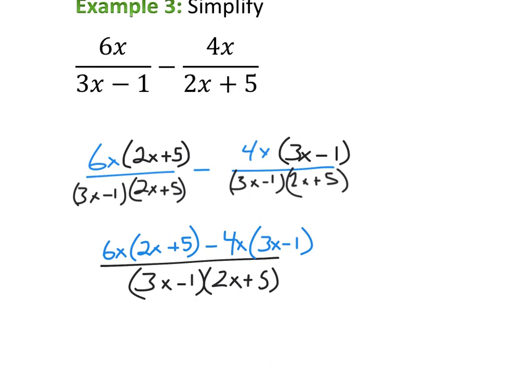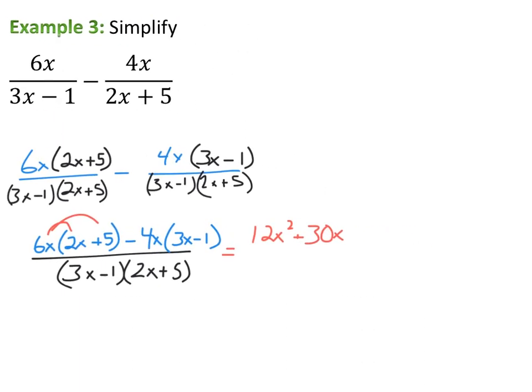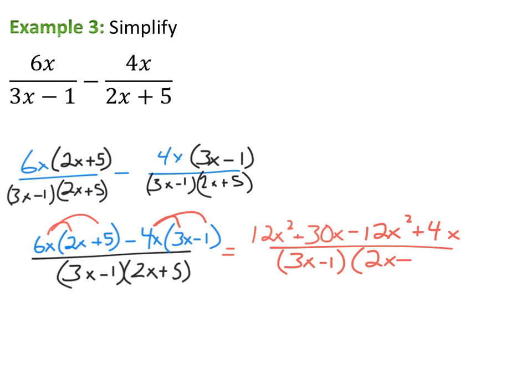Similarly with the 3x minus 1. So instead I will simplify. I'm going to distribute through. That gives me 12x squared plus 30x minus 12x squared plus 4x all over my common denominator of 3x minus 1 and 2x plus 5.